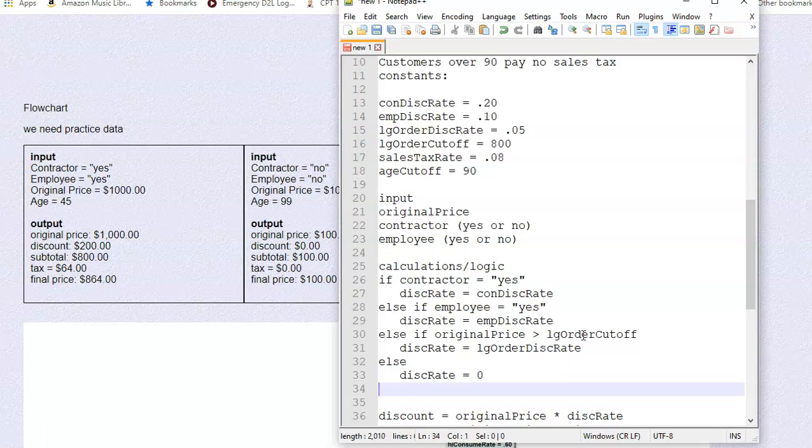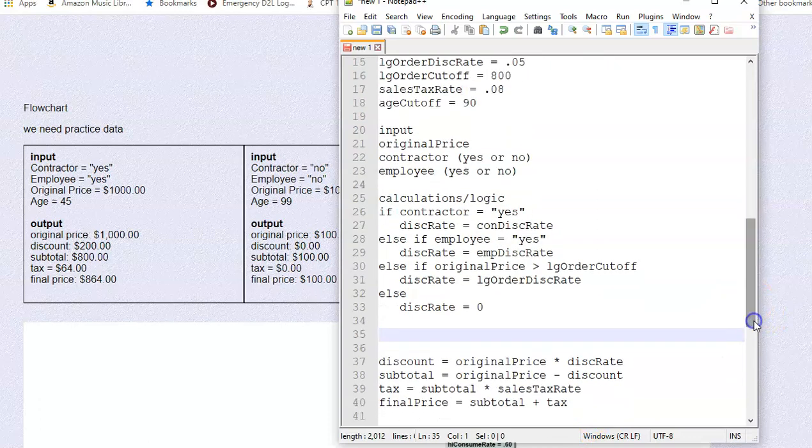And then we have the sales tax issue. And the sales tax issue is if they're over 90, then it's 0. So what we're going to do is we have this sales tax rate here is 8%. What we want to do is turn it into 0.